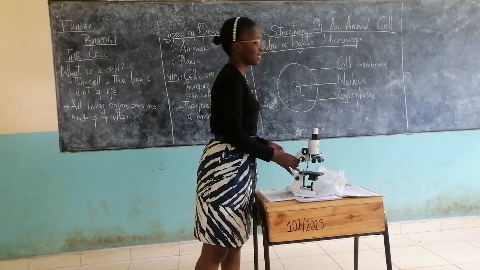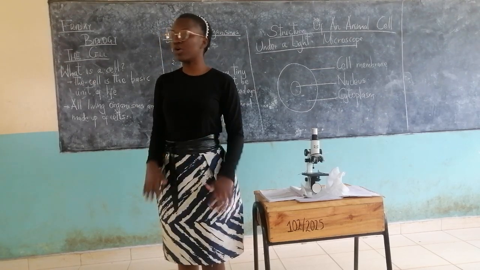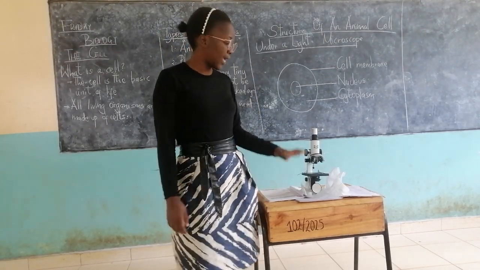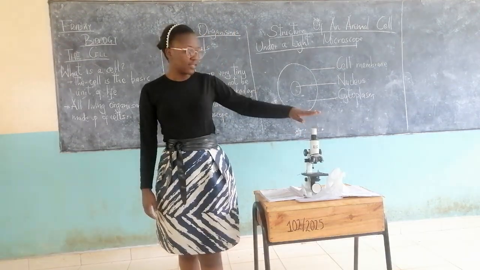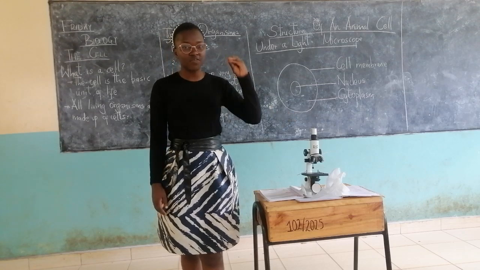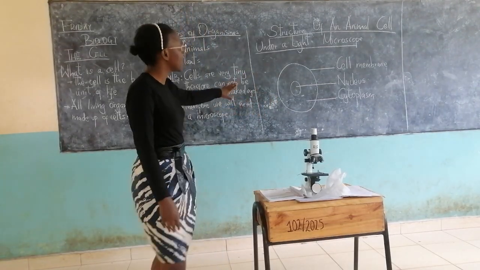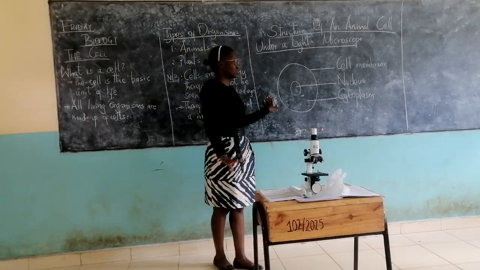When we observe an animal cell, we will go to the lab, obtain a part of our cells and place it under the microscope. Once we view the animal cell under a light microscope, this is how the structure will look. An animal cell is very simple.